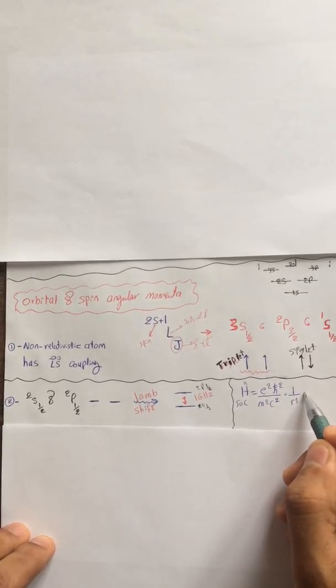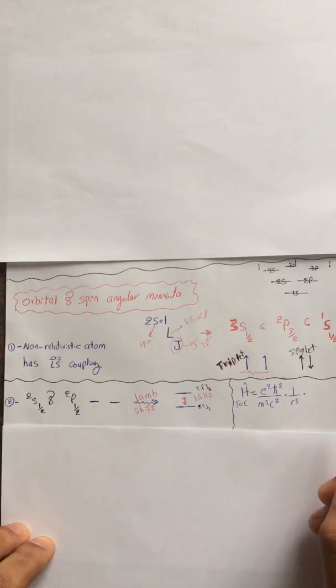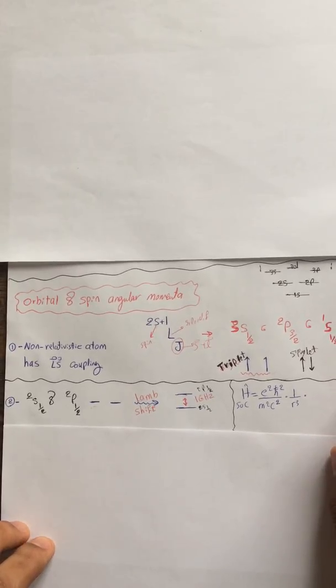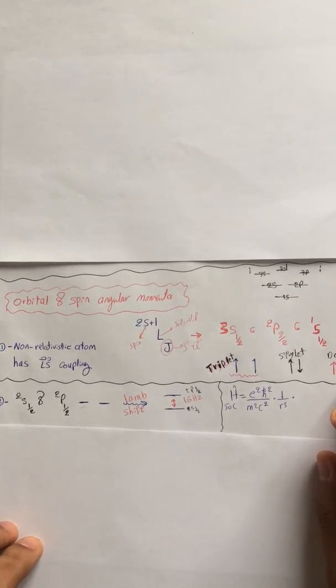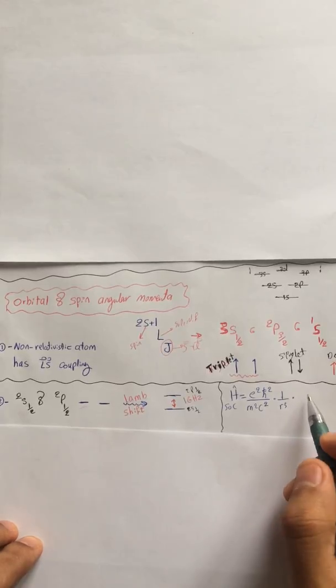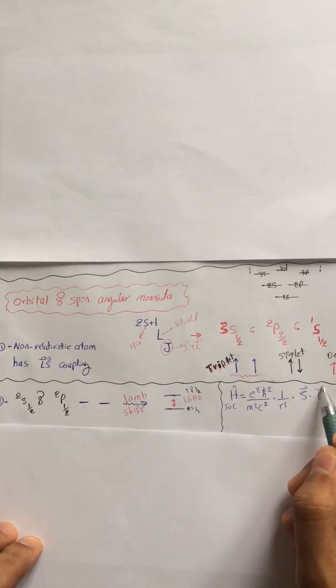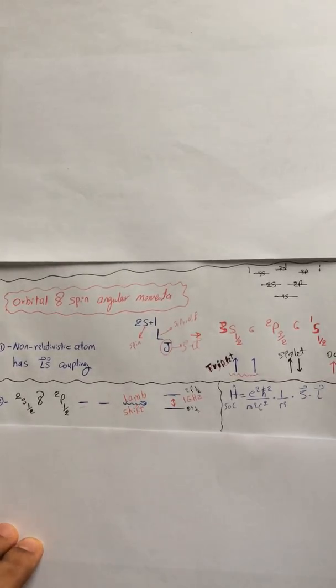It scales with 1/r³ for Coulomb fields, and it is written in terms of S and L as components for the spin and for the angular quantum numbers. This is the spin orbit coupling Hamiltonian.